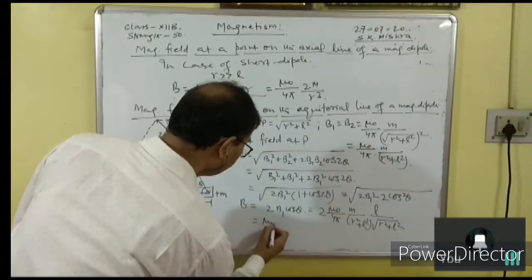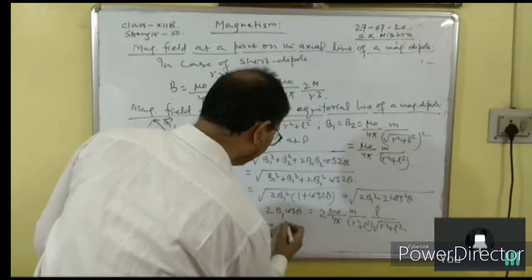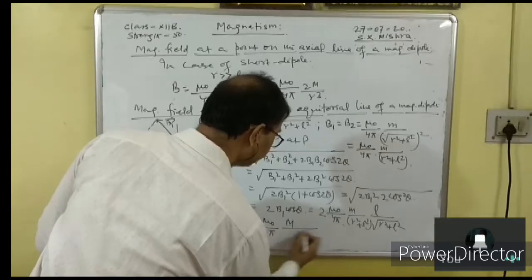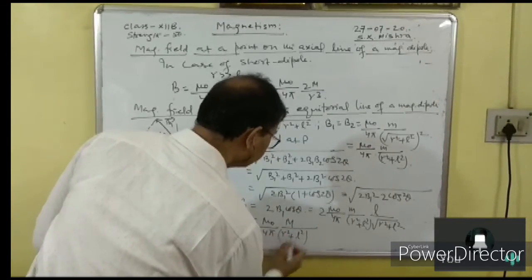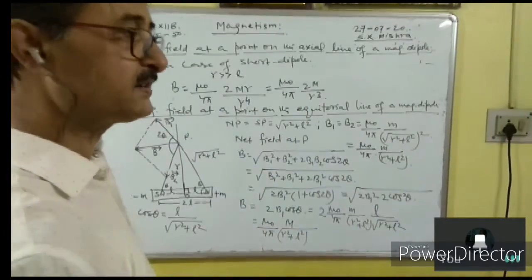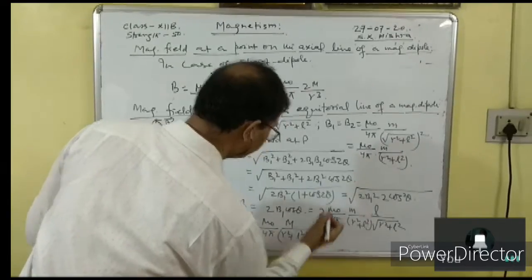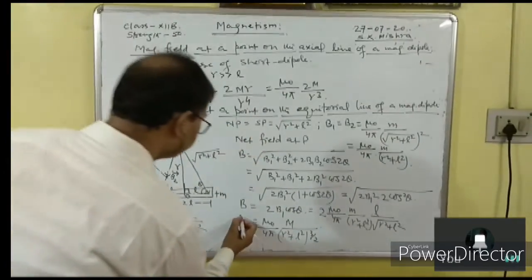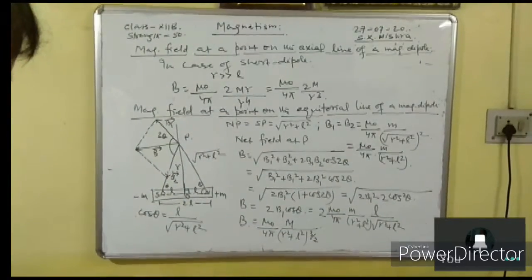Okay. So then B1 is equal to B2 is equal to mu naught by 4 pi small m by (under root R square plus L square) whole square, so the square root will be abolished, and this is mu naught by 4 pi m by R square plus L square. This much only. Now the vectors B1 and B2 are equal and the angle between them, this angle.